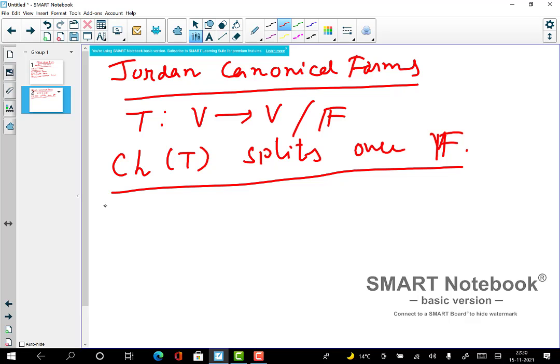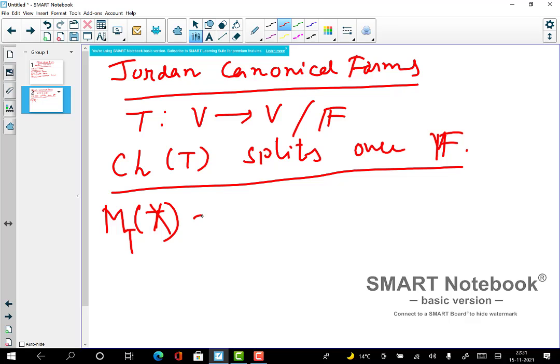Obviously, if the characteristic polynomial splits, the minimal polynomial m_T(x) also splits, but the minimal polynomial may not be a product of distinct linear factors. In the case of distinct linear factors, we learned that we can change it to diagonal form.